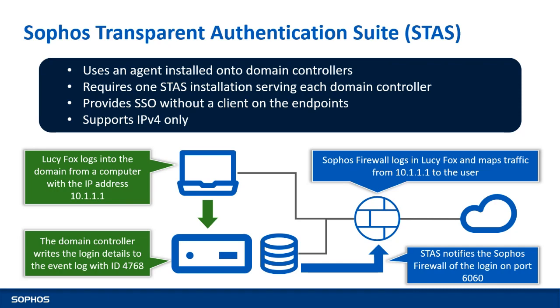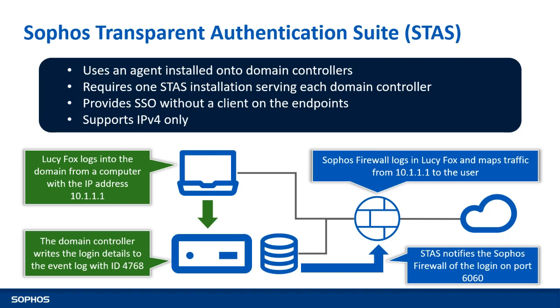This includes the IP address of the computer and the name of the user that logs in. Okay? So the STAS monitors the event logs for the login event. Okay? When this is detected, the STAS records the details.